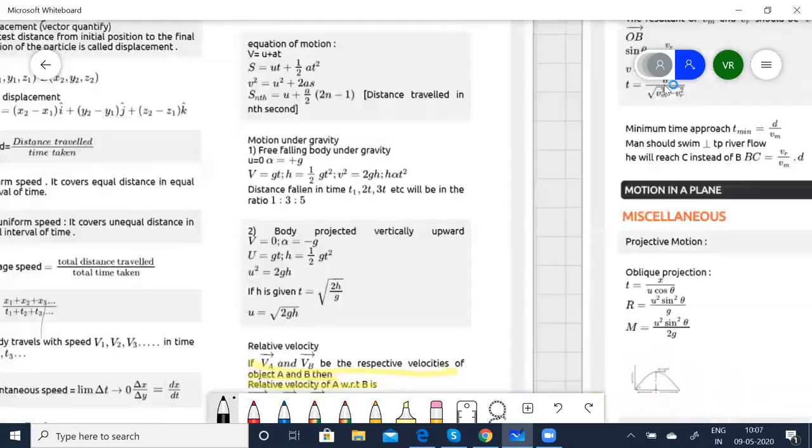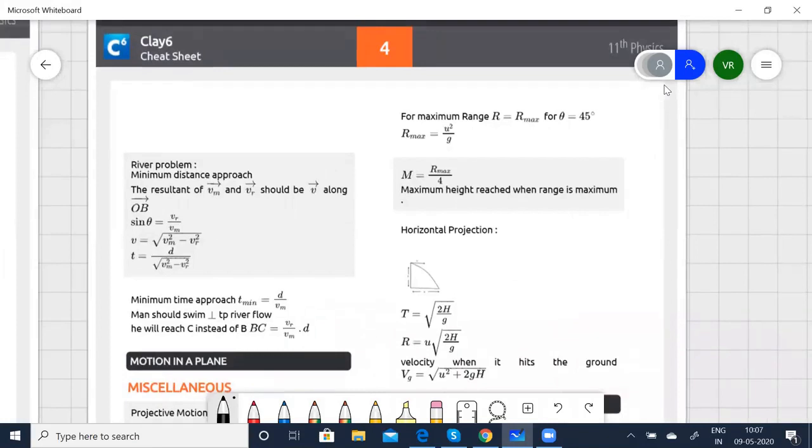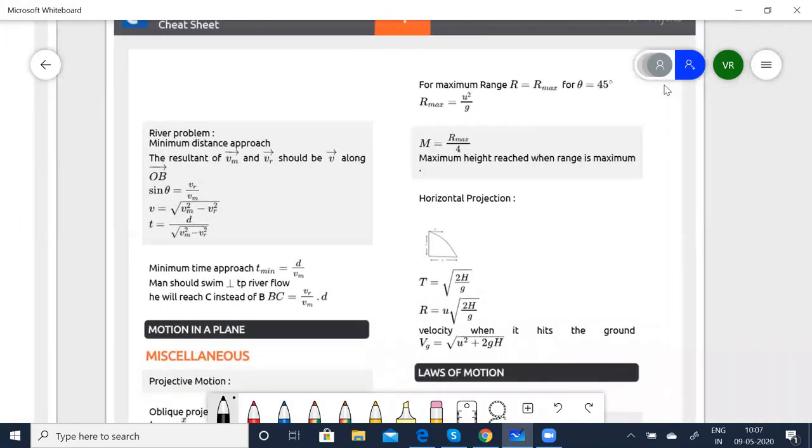River problems, problems which are related to rivers, like swimming across a river or rain problems, you can use these formulas, the relative velocity here. So when you are going to solve a river problem, the minimum distance of approach, you can see, is going to be, see, the resultant of VM and VR should be V vector along OB.